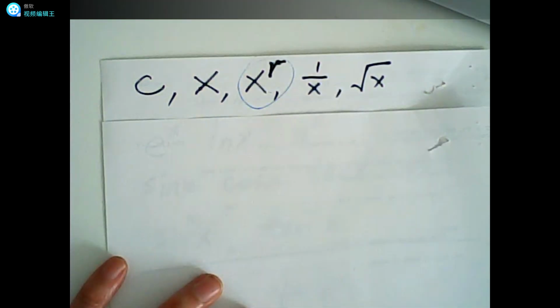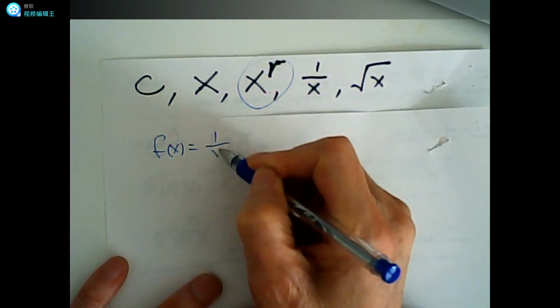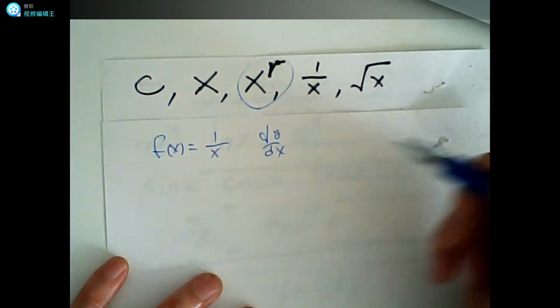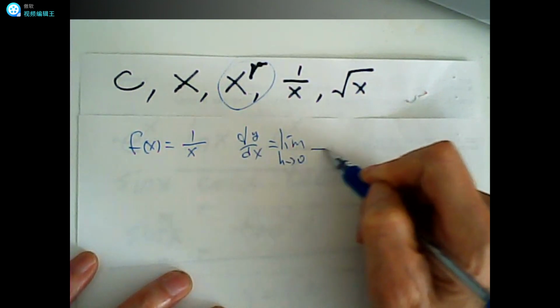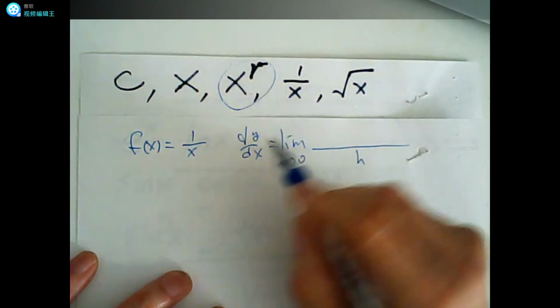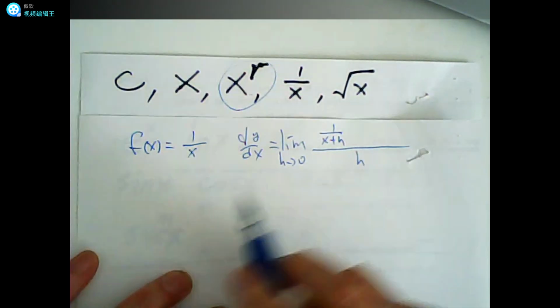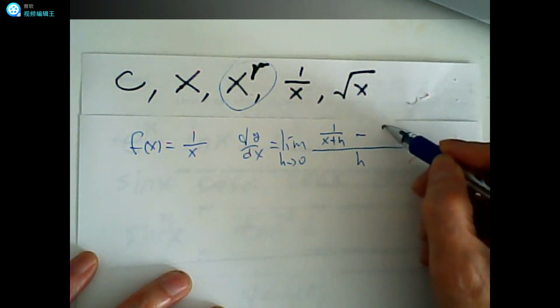Let's derive this one. So f of x equal to 1 over x. We want to find the dy dx, right? This is equal to the limit as h goes to 0 of f of x plus h minus f of x over h.